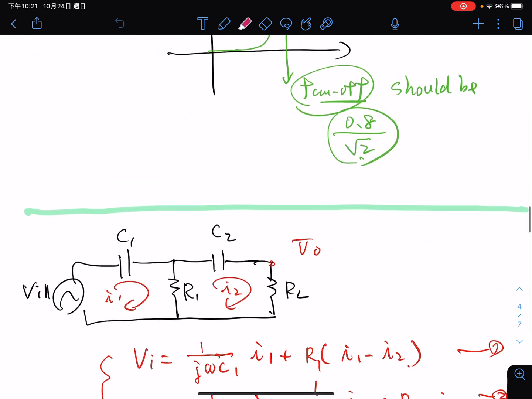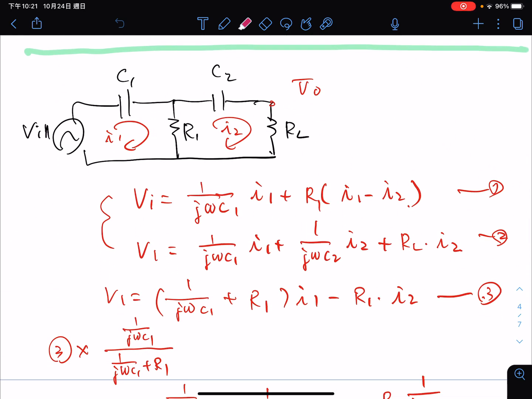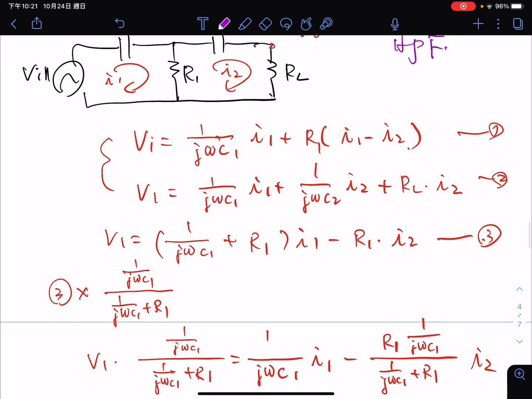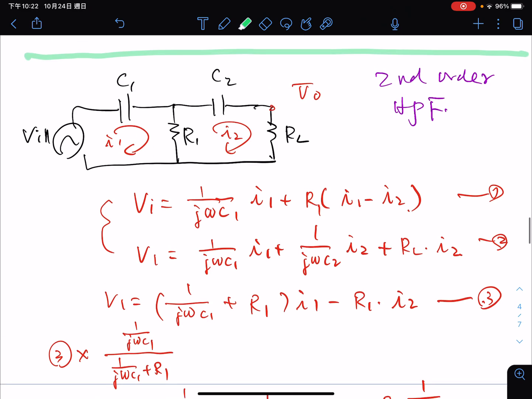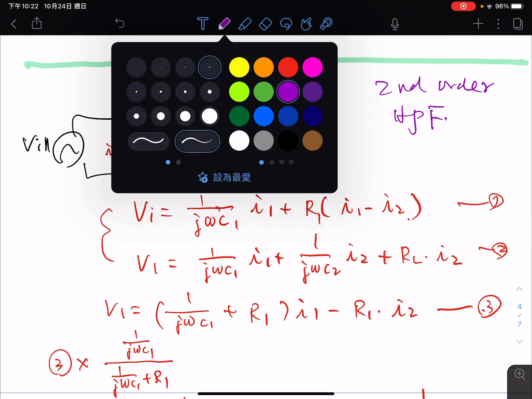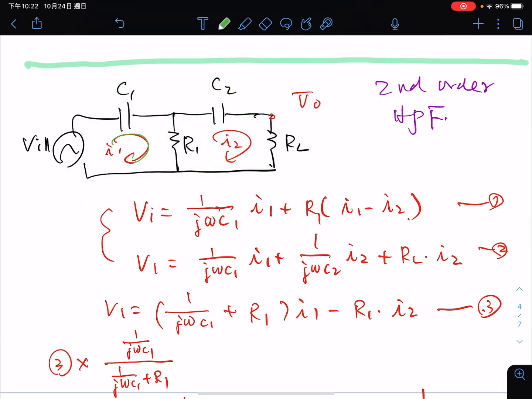This is my note. This is the second order high pass filter, and the formulation is no different from the ordinary circuit using resistors. So, for example, we can assume that we have two currents, I1 and I2, right?